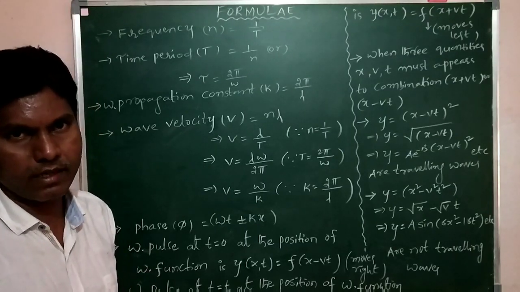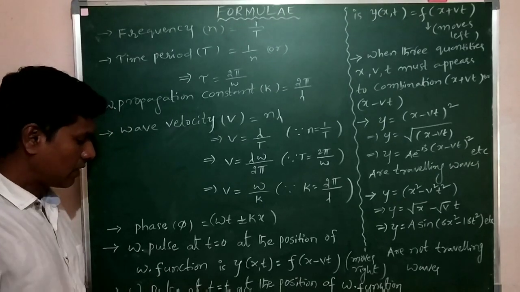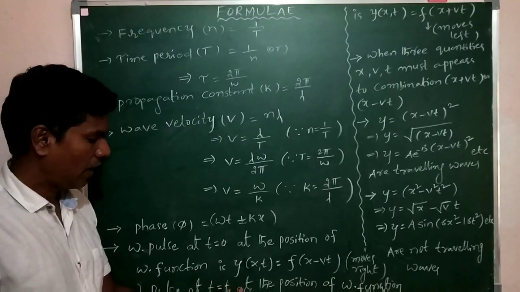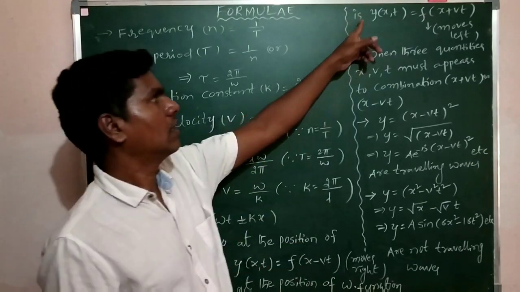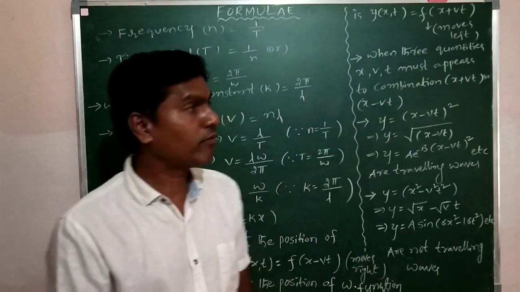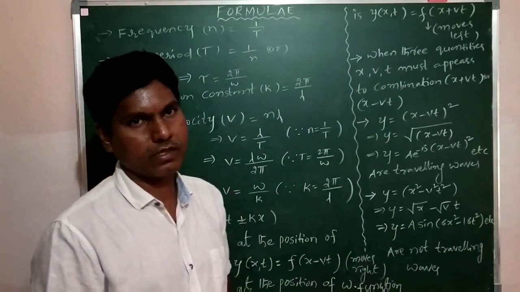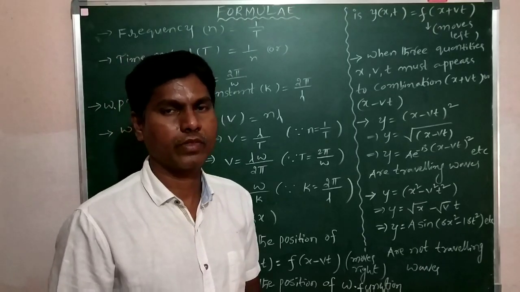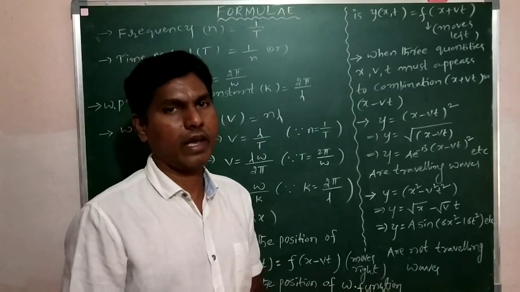We already discussed this in the previous class. Wave pulse at time t: the wave function is y(x, t) = f(x + vt) when the wave moves to the left, in the negative x direction.